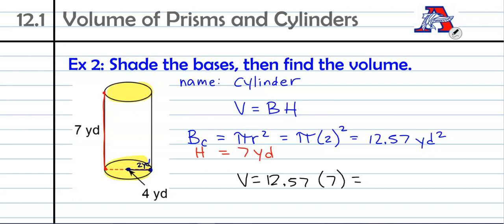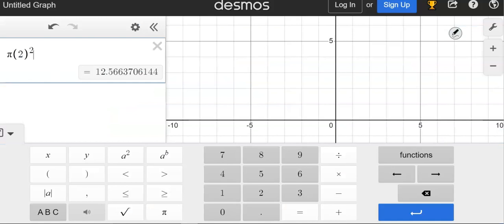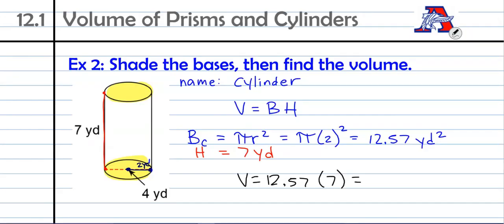So I'm just going to go back on Desmos, multiply that answer that I had right up here, times 7. And we're going to get about 87.96. And then again, that's in cubic yards. That is our total volume. So hopefully that one goes okay for you. If you have any questions, feel free to let me know and I can help you out.